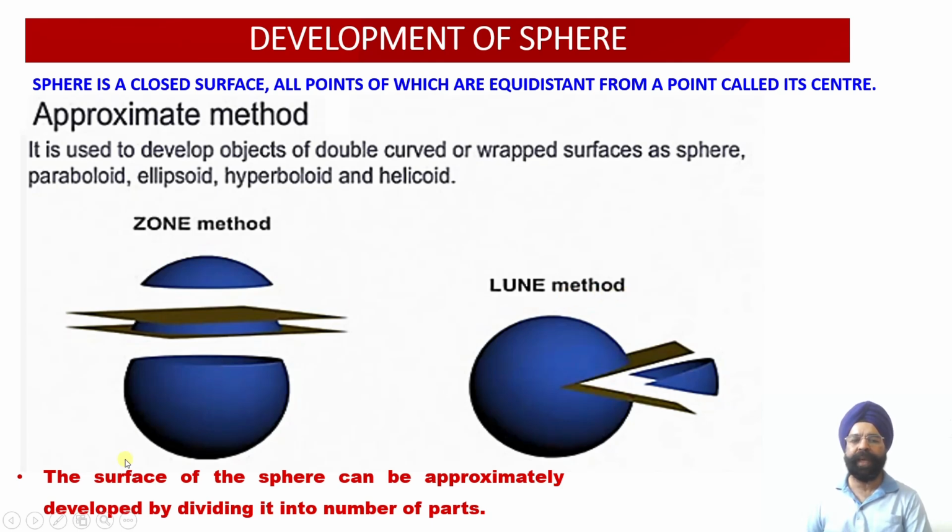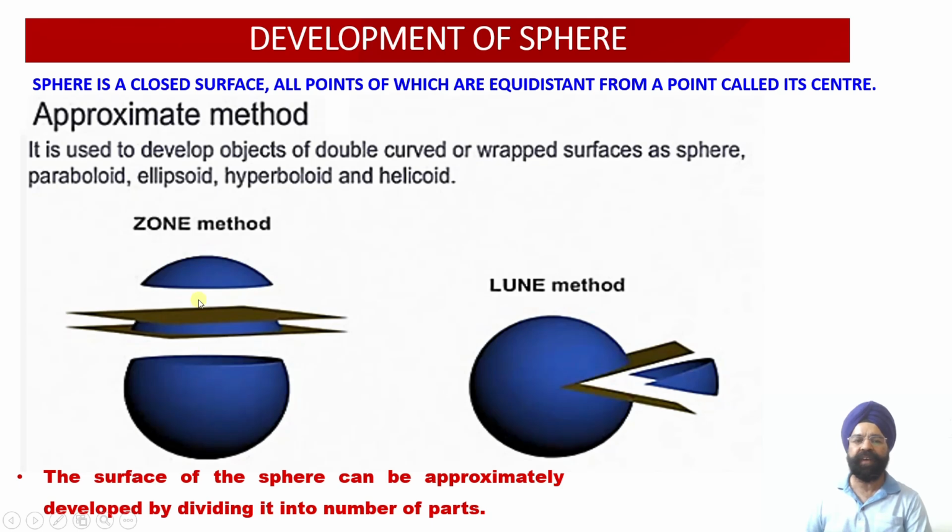In both of these methods, the surface of the sphere can be approximately developed by dividing it into a number of parts. Even in the zone method we had seen the cutting planes which divide this particular sphere into multiple zones, and these cutting planes are perpendicular to the vertical axis of the sphere.